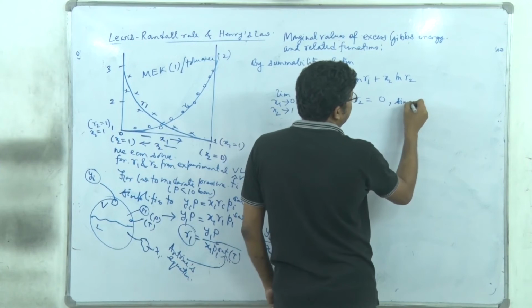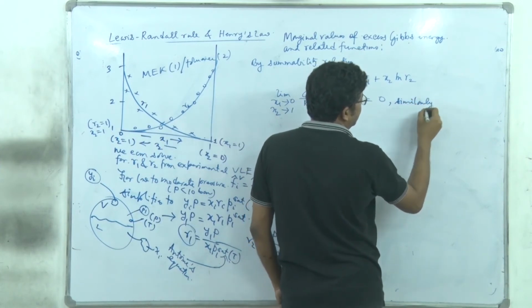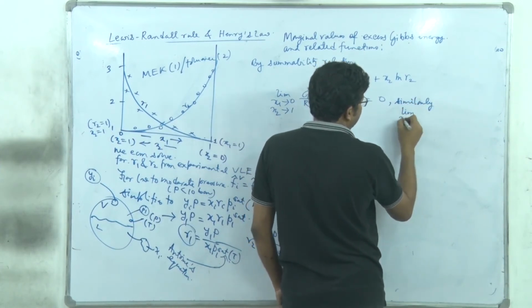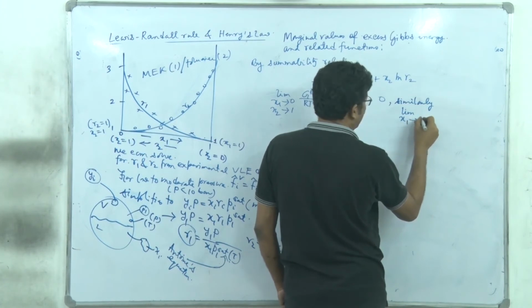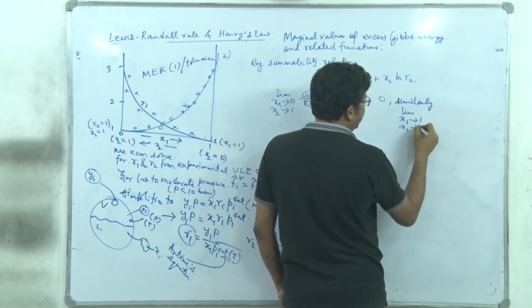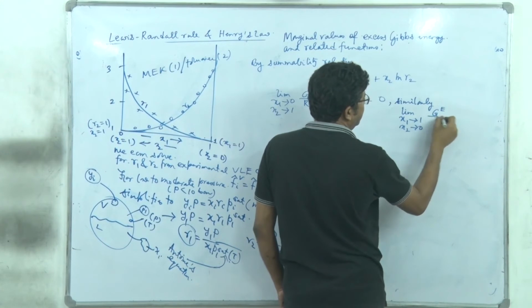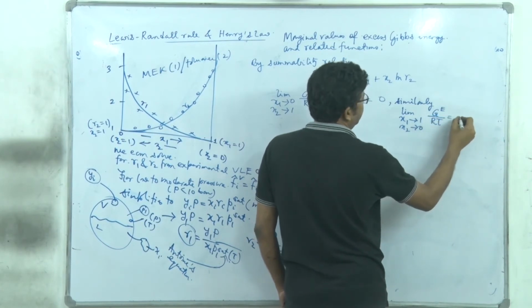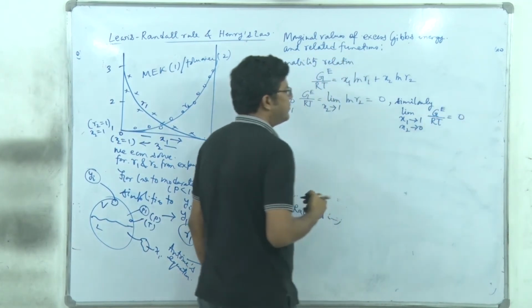Right? Similarly, we have limit x1 tending to 1, x2 tending to 0, GE by RT is equal to 0.